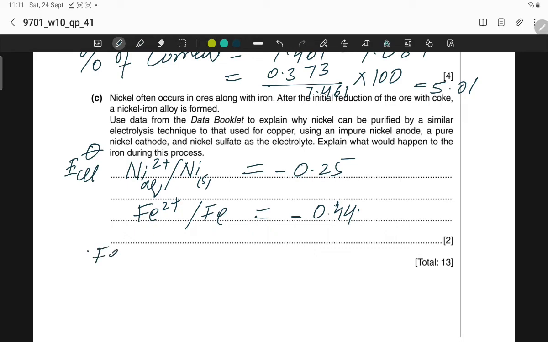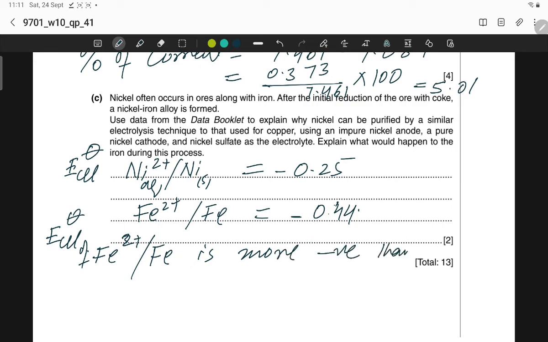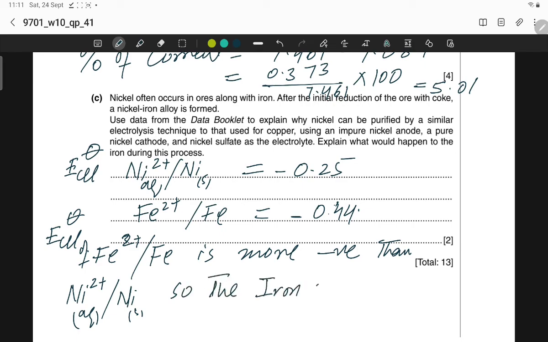Iron is more negative. The E cell of iron is more negative than nickel, so the iron will dissolve or oxidize.